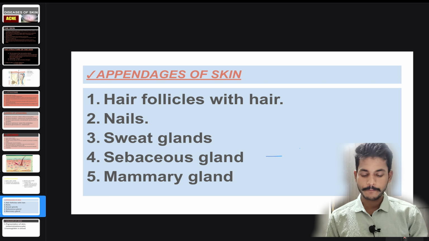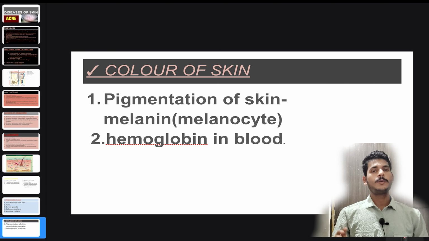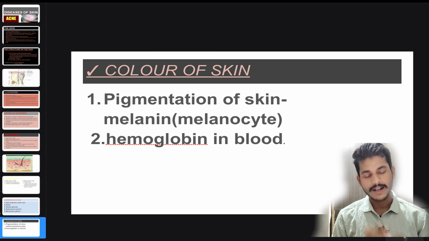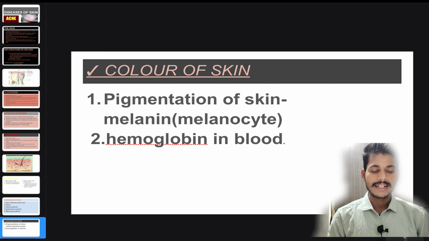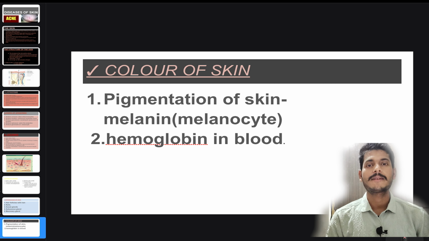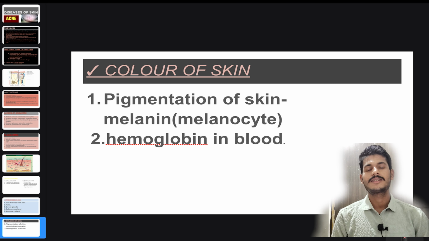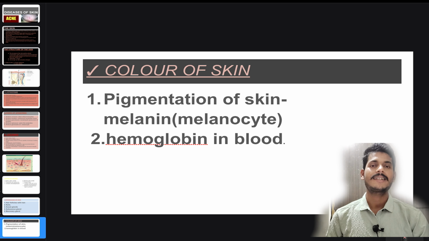Understood? No problem. Now, in the discussion so far, we understood that the color of skin is decided by the melanin. But my friends, melanin is not the only pigment which decides our skin color. The volume of blood present inside our body is also one of the factors deciding our skin color.